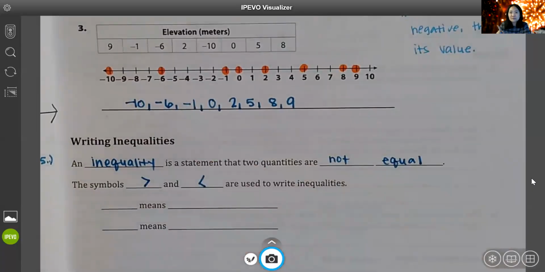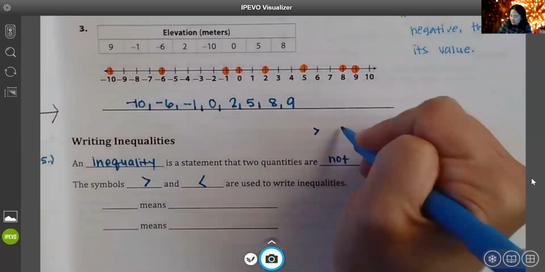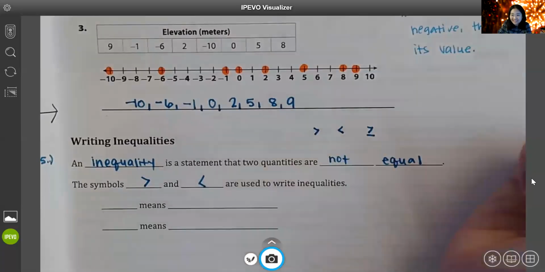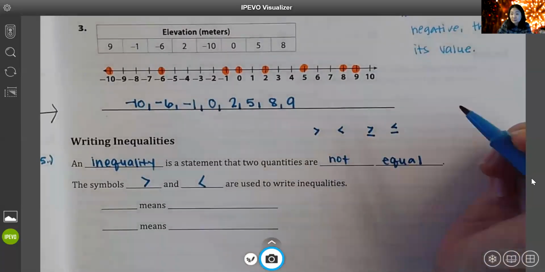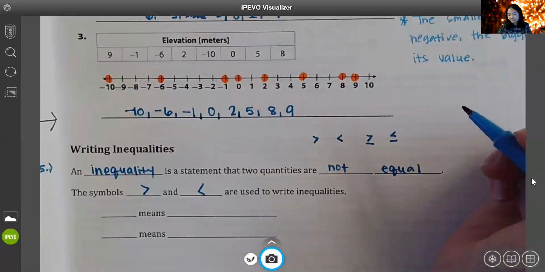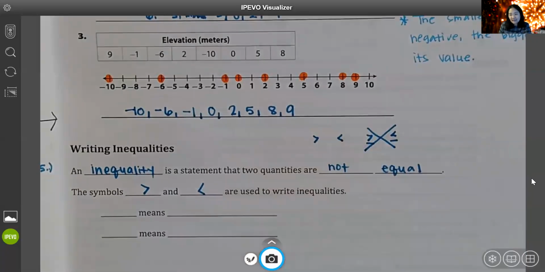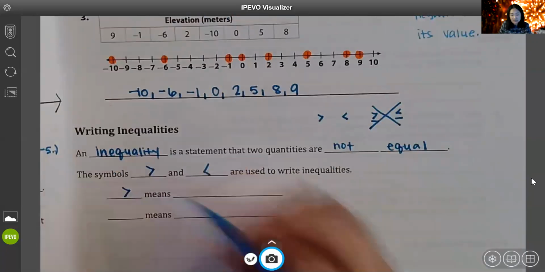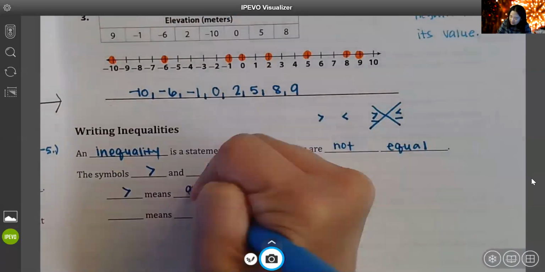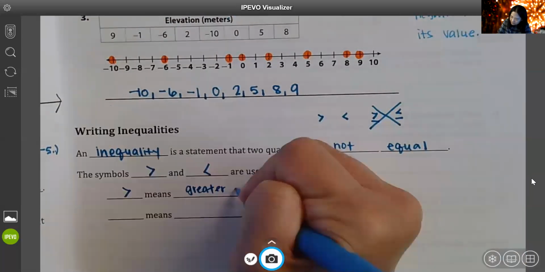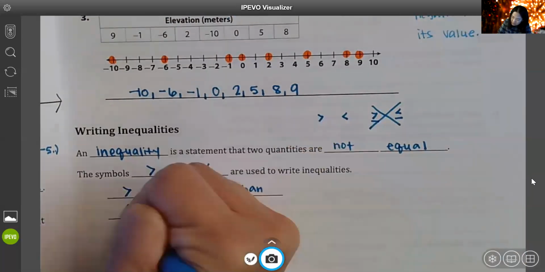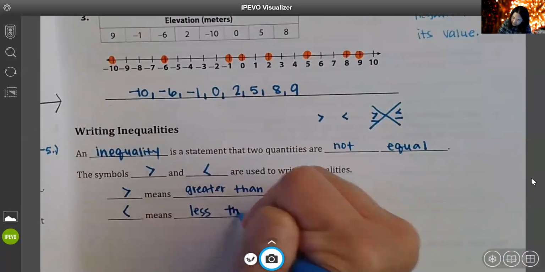Now to be honest, there are 2 other inequality symbols as well: greater than or equal to, and less than or equal to. But we're not going to deal with these right now. Okay, all right, this symbol means greater than, and this symbol means less than.